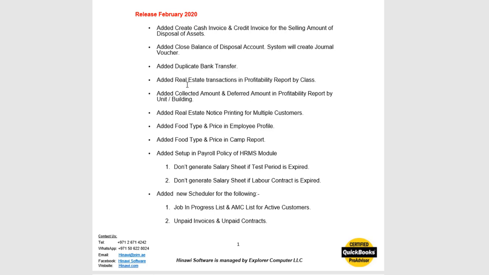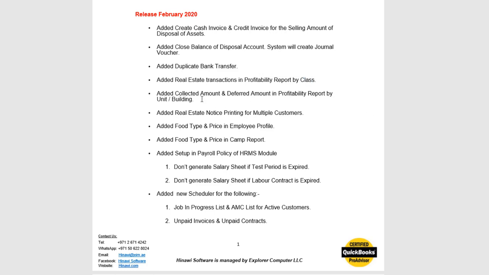Also, we have added the real estate transactions in the profitability report by class. One of our reports in the system is called the profitability report. You can find this profitability report in the reports menu. So we added a new transaction feature for real estate by class.